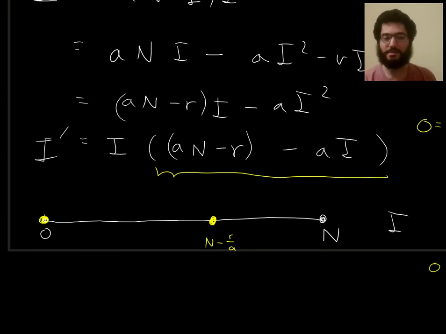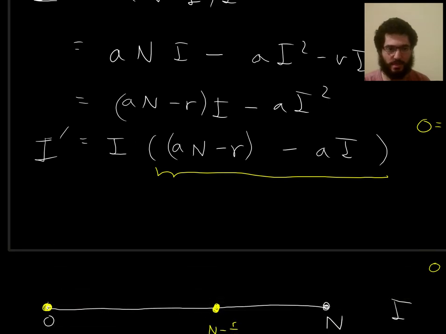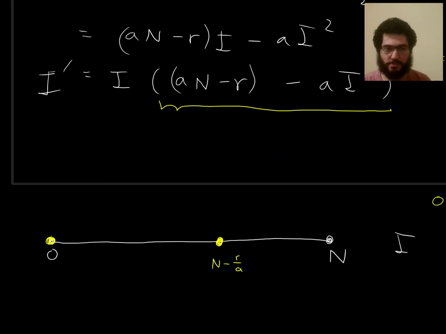Mathematically, I can take on negative values, it just doesn't mean anything for our particular model. Okay, but let's then split our analysis into two possibilities. So let me move this picture down here. Let's split our analysis into two possibilities.